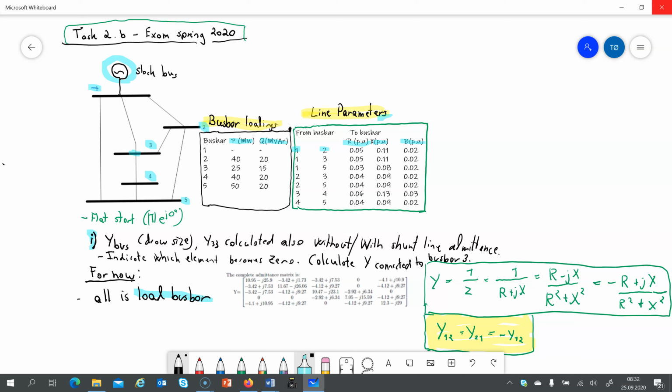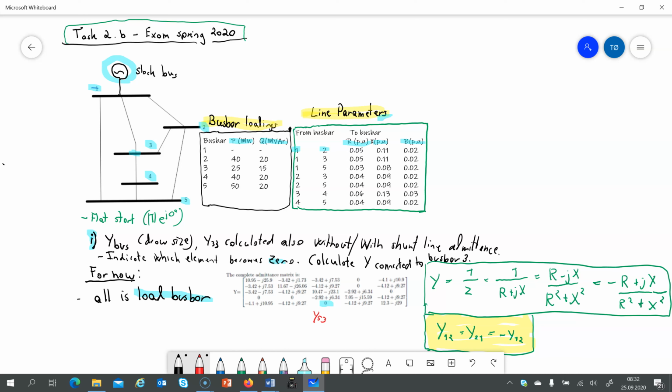Let's first start with the elements that become 0. Every element in the matrix becomes 0 when there is no connection between the buses. Down here you can see the complete admittance matrix when it's ready. For example, this is Y53, column 3.